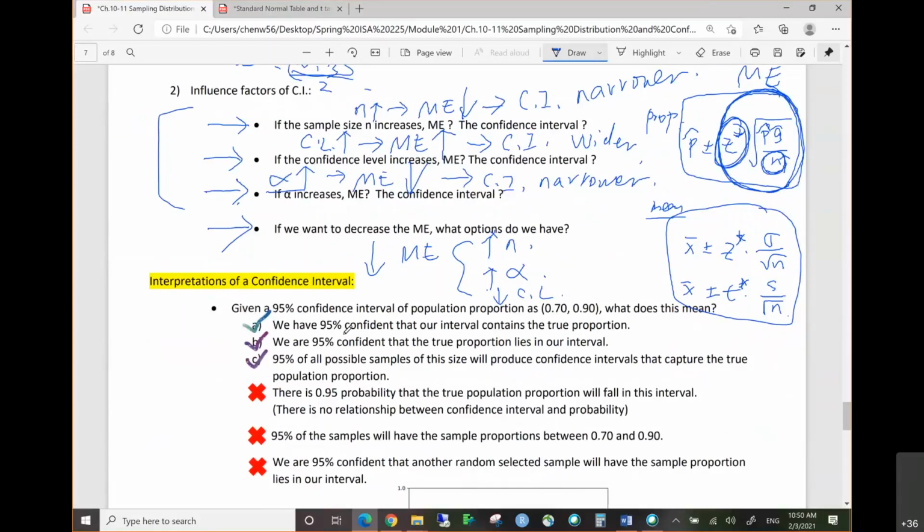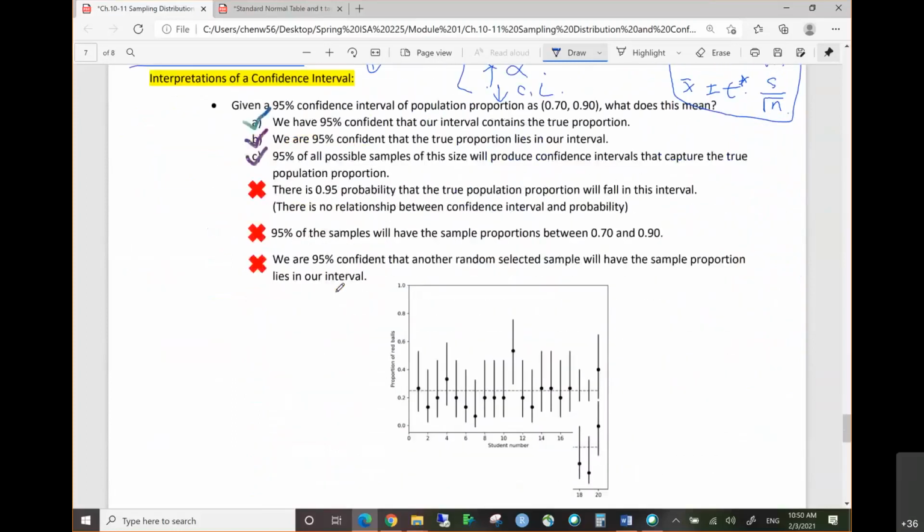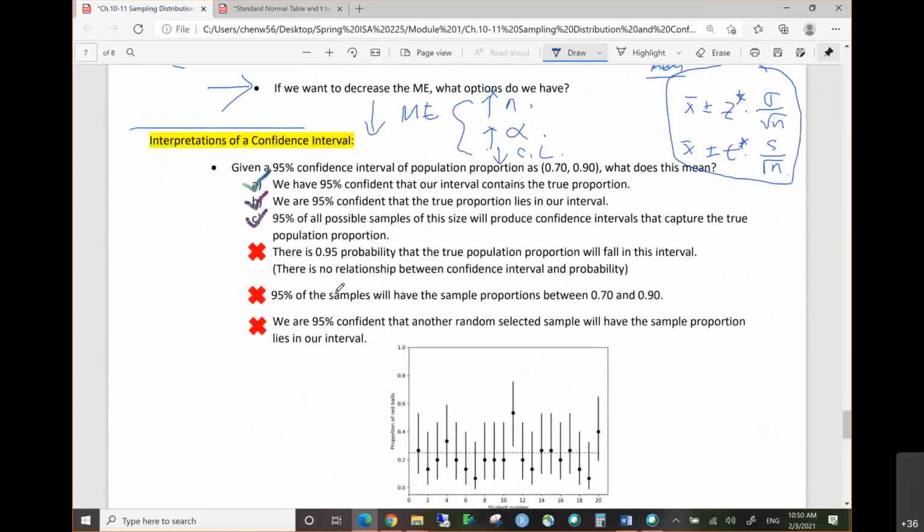All right, so after this, I also want to talk about interpretations of a confidence interval. In real practice, it is not possible that you can just show, let's say, 0.70 to 0.90 to your manager and say, okay, here is the result, here is the 90% confidence interval.